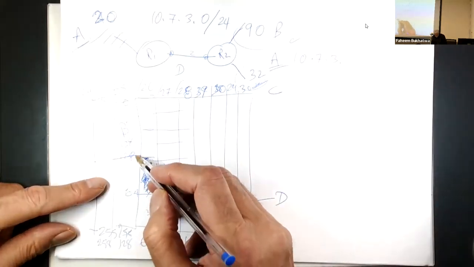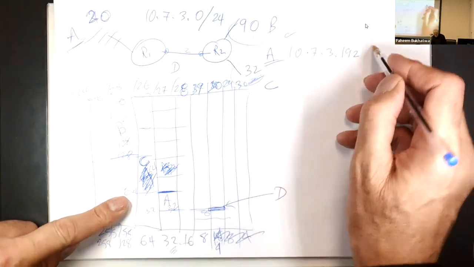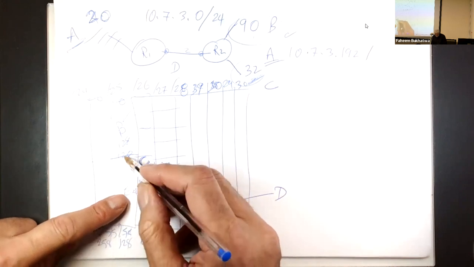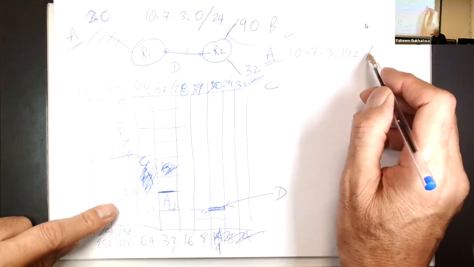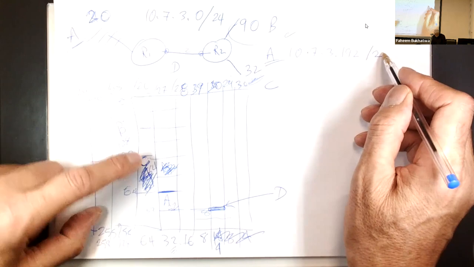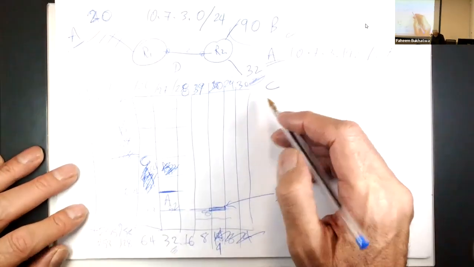Oh, so that's 192, is it? Yeah, that's 192 plus 64. Slash 27. 26. Oh, I'm sorry, 27. Yeah, okay. Right.